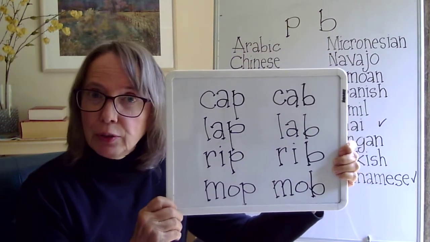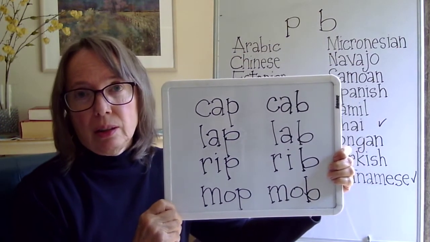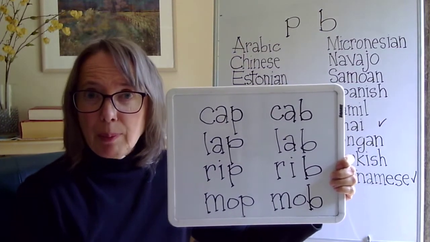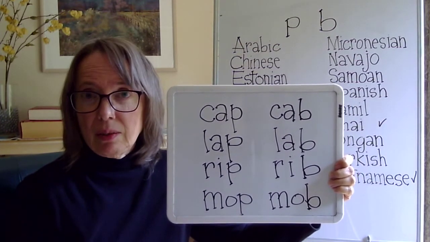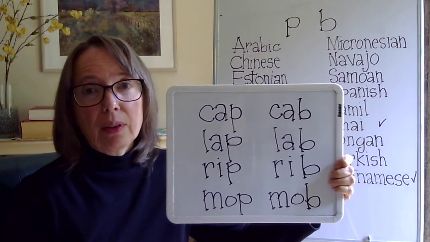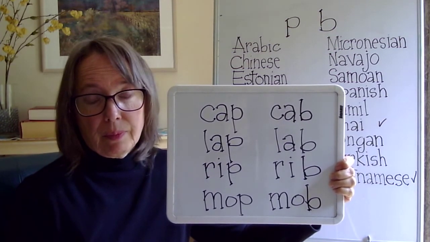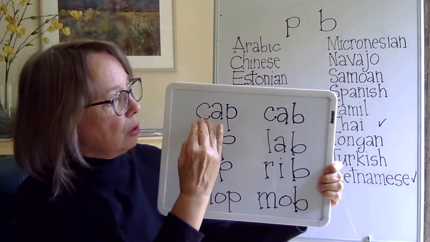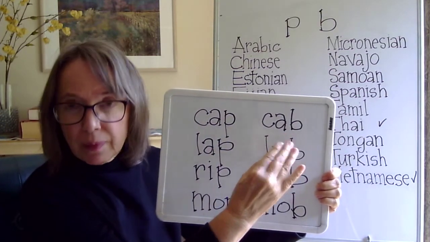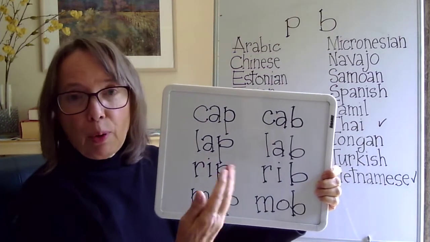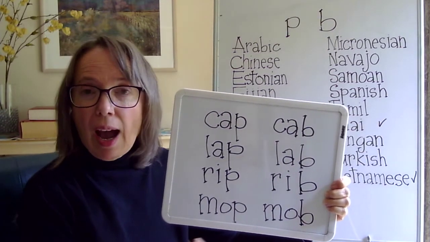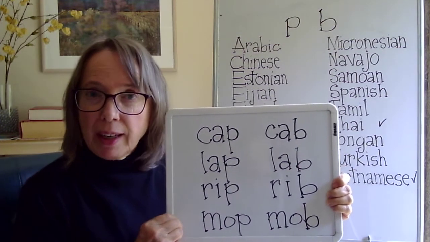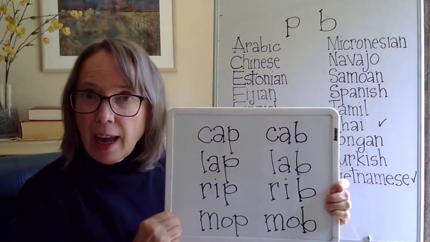Okay, now if you've studied English, you might know that sometimes we drop consonants at the end of words. So, how do we know? Especially when you look at cap and cab. They're both nouns. How do we know if I'm saying, "Where's my cap?" or "Where's my cab?"